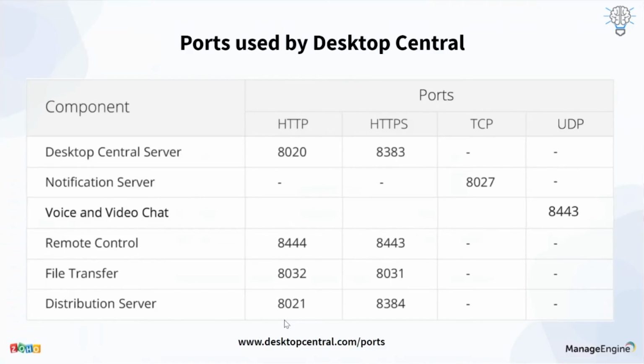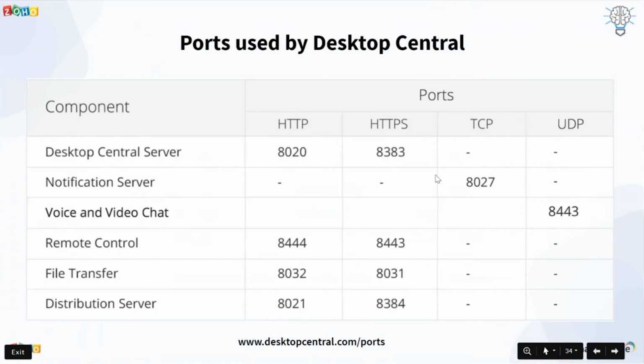There is another port, 8027, which is TCP. This is used by the notification server. So here, the data transfer and the communication will happen over the port 8383, and this 8027 is responsible for all the on-demand connection. So with the help of 8383, the agent will talk at a 90 minute interval.